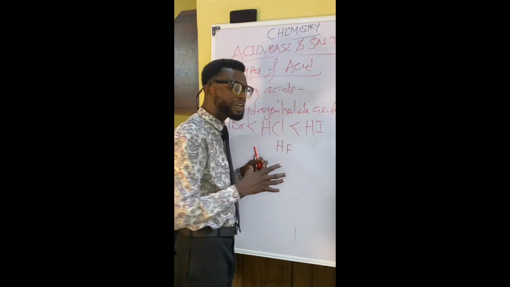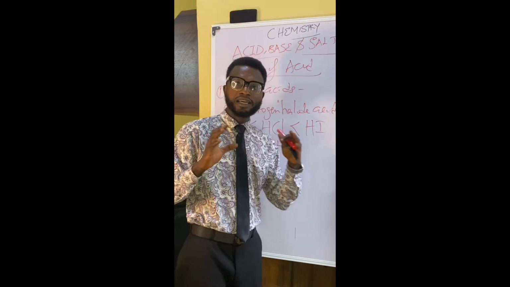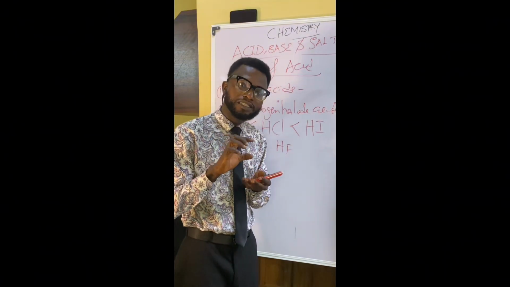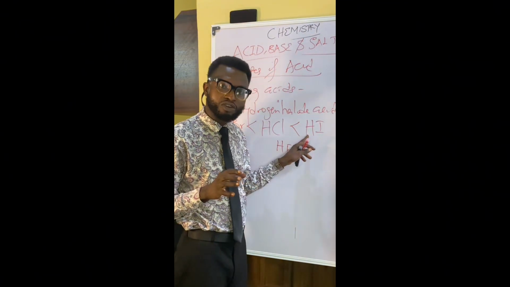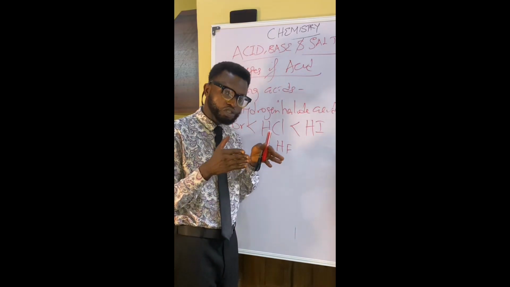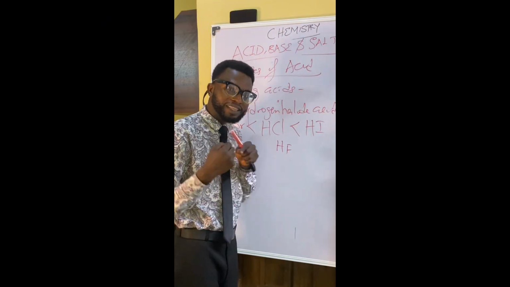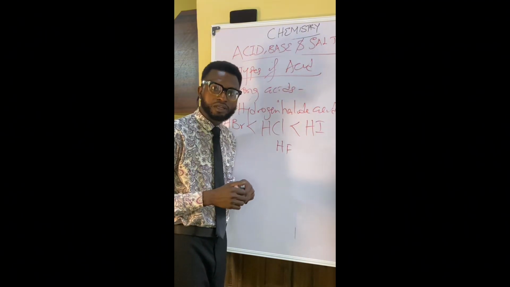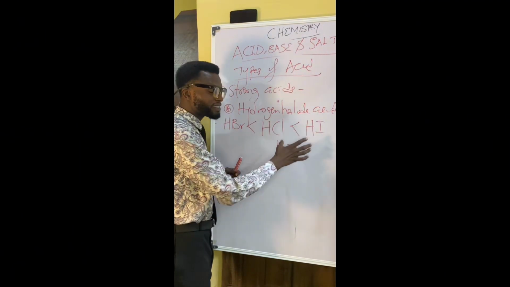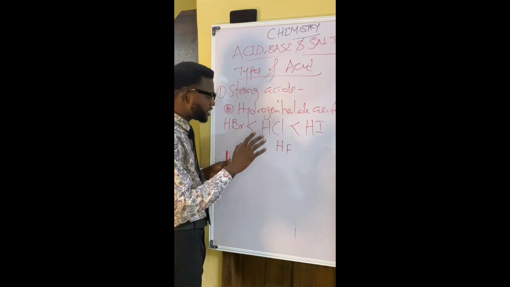It is because iodine has a very big atomic size, therefore a lower affinity for hydrogen ion. Therefore, if hydrogen iodide is introduced into water, it can readily relinquish the hydrogen ion. Therefore, that qualifies it as the strongest hydrogen halide acid.